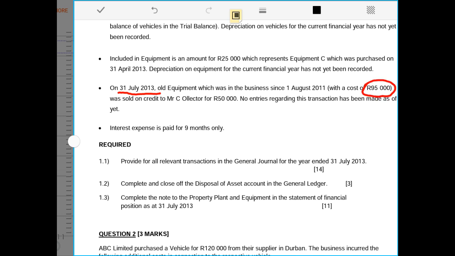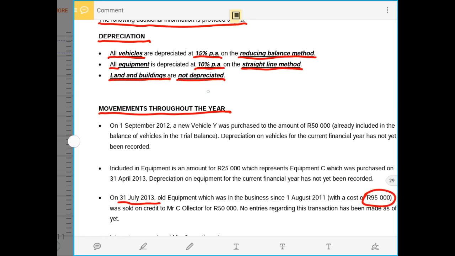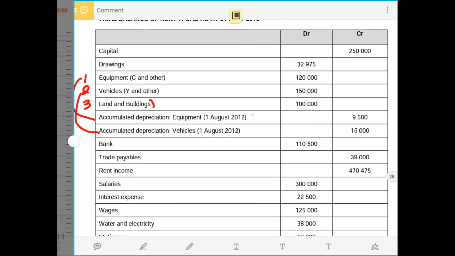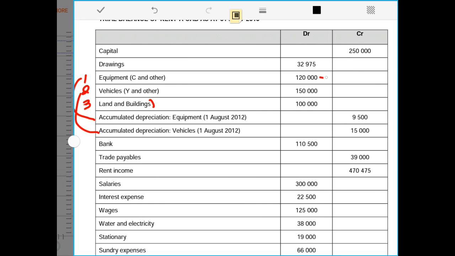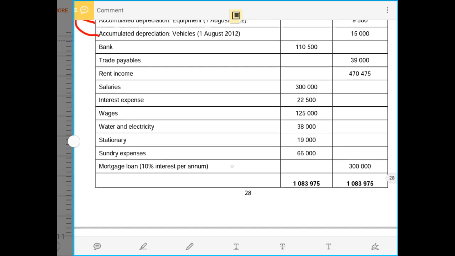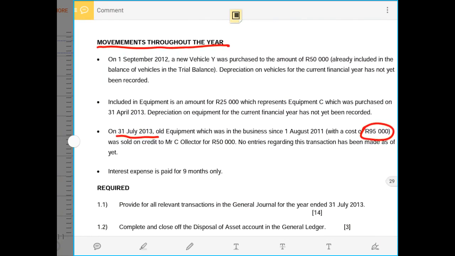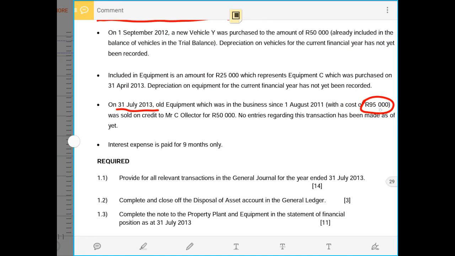When we started with 120,000 rands and subtracted 25,000 rands, that gave us 95,000 rands. And we know that 95,000 rands is the old equipment that was in the business before the beginning of the current year. So they are telling us that this equipment is the old one and it was sold by the end of the current year.